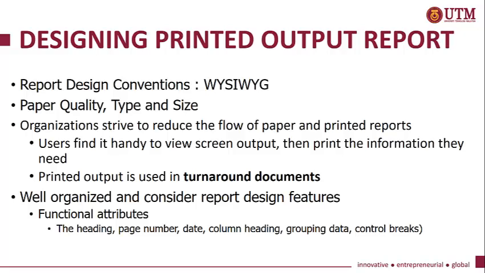So the related data you need to group in one group. And then the use of control breaks. You need to include the report header and footer and field order.